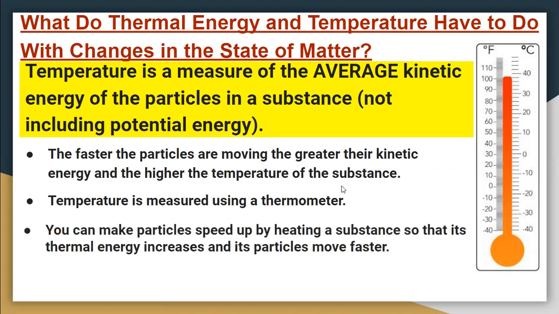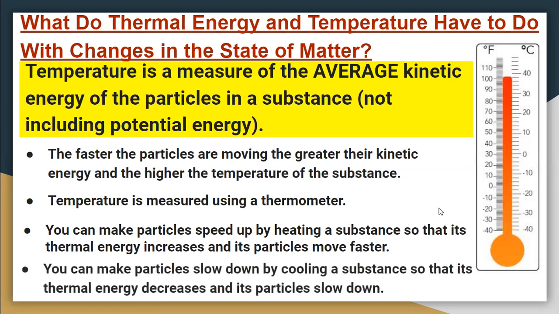You can make particles speed up by heating a substance so that its thermal energy increases and its particles move faster. You can make particles slow down by cooling a substance so that its thermal energy decreases and its particles slow down.